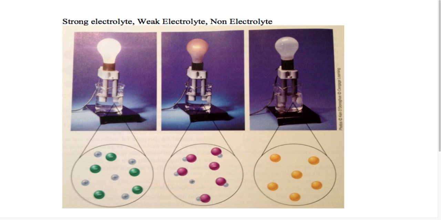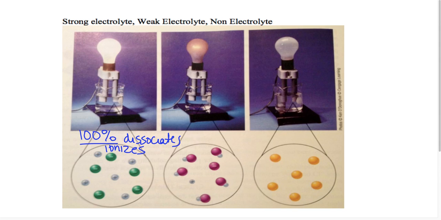All right? So here, this is an example. This first thing is an example of a strong electrolyte. A strong electrolyte, we say, is a substance that 100% ionizes or dissociates. Or ionizes. I'm not the kind of person to freak out about the differences in those two words.